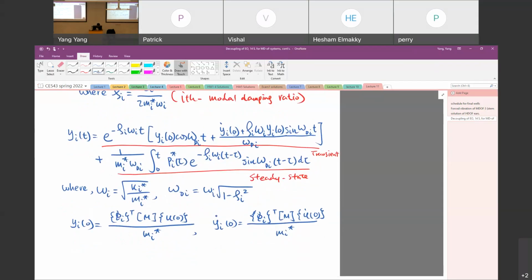After we solve that, we should be able to find the total displacement.